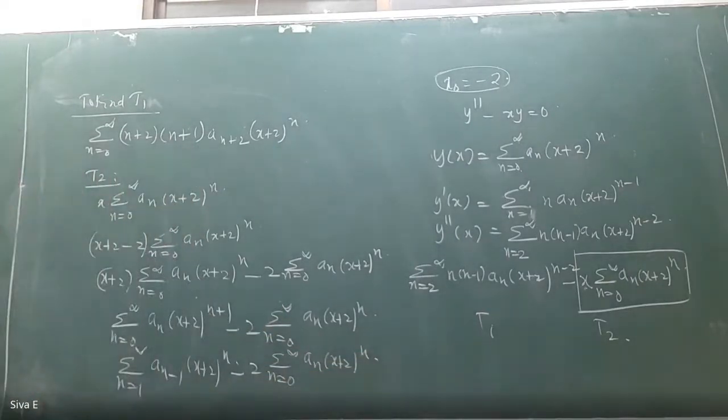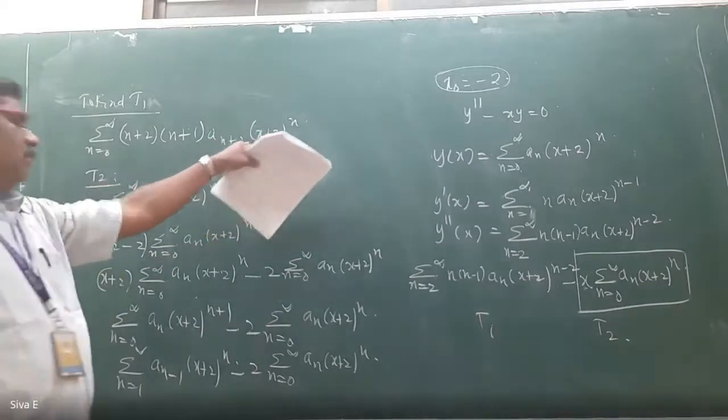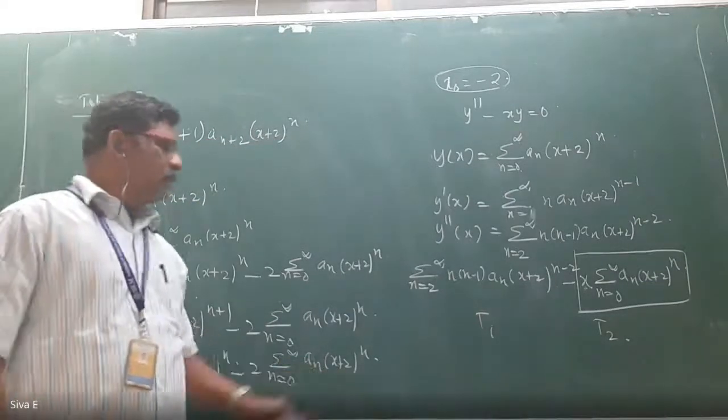Now everything is in (x + 2)^n. See that, (x + 2)^n, (x + 2)^n, (x + 2)^n.